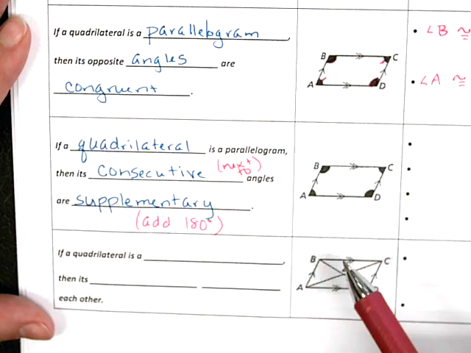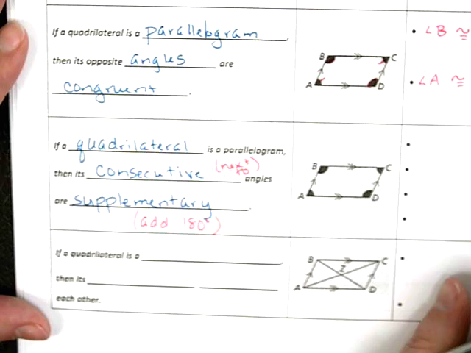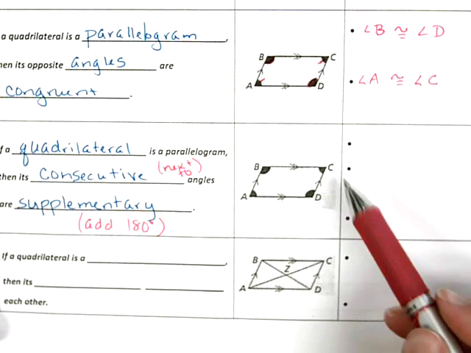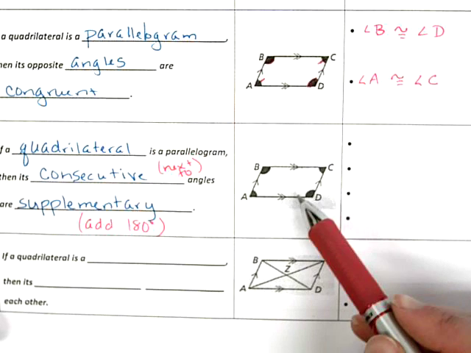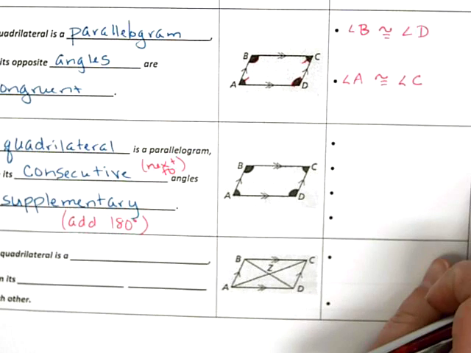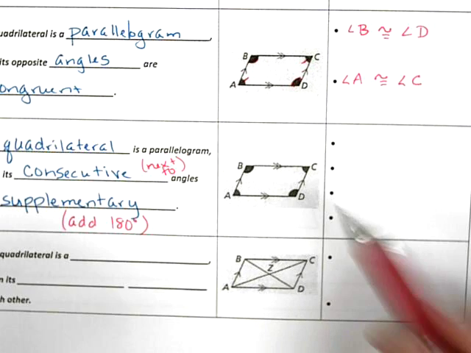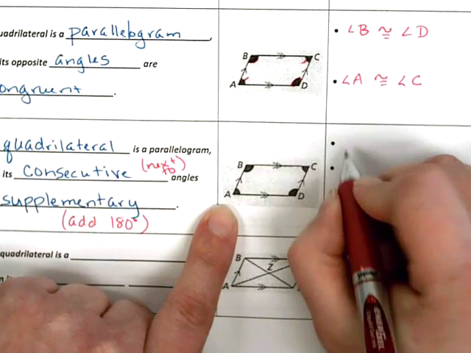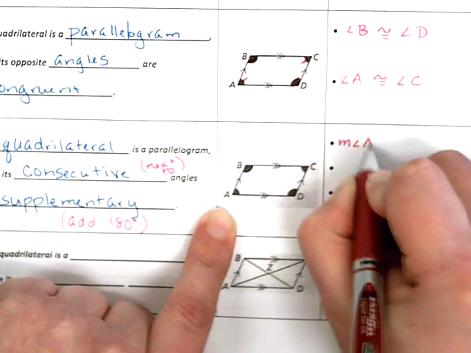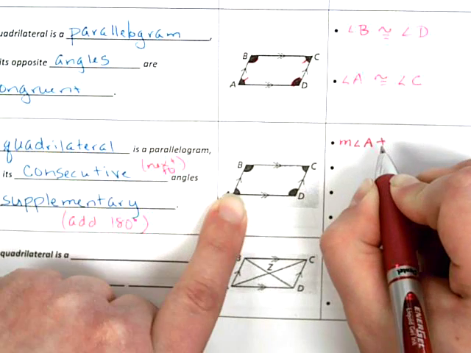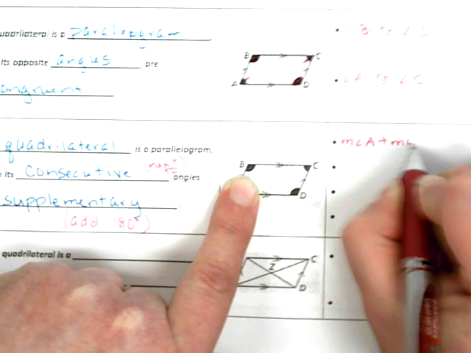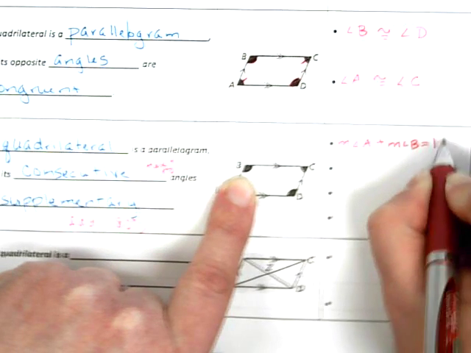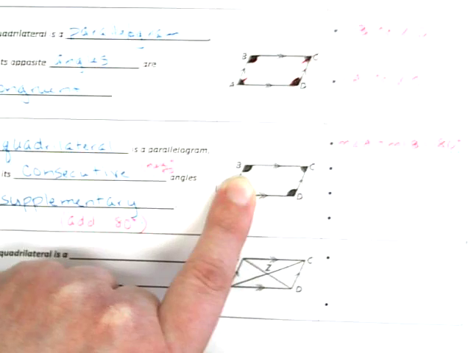So let's think about what this would mean. Looking at our figure, we've got a four-sided quadrilateral. Opposite sides are parallel, means we do have a parallelogram. So our conclusion is that consecutive angles are supplementary. So for example, the measure of angle A plus the one next to it, measure of angle B, has to be 180 degrees. They have to be supplementary.